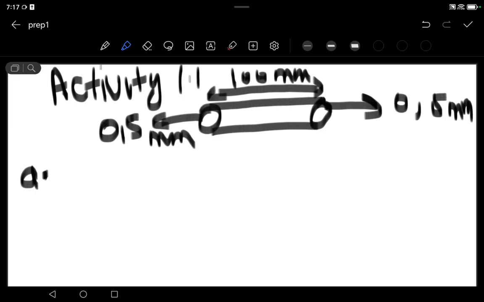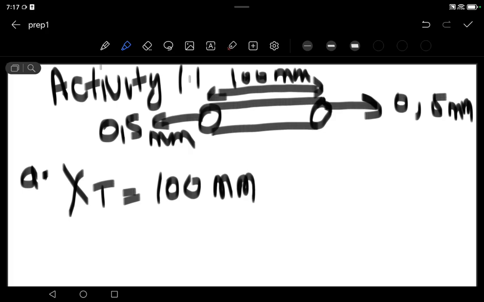Our true value I think it's 100 because this is given. Our rod is 100 millimeters. Yes, our XT is 100. And for number A, they want us to determine XA. XA is measured, like we measure from wherever it is expanded to wherever it is expanded, from 0.5 to 0.5.